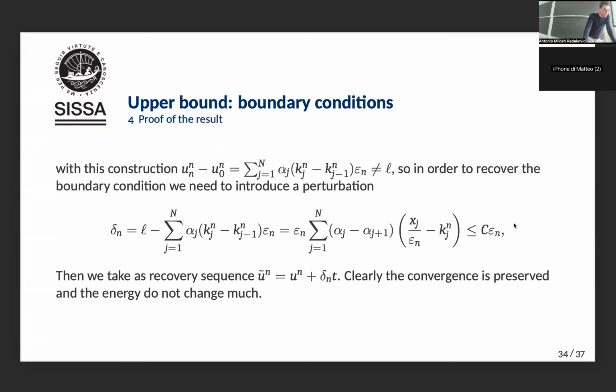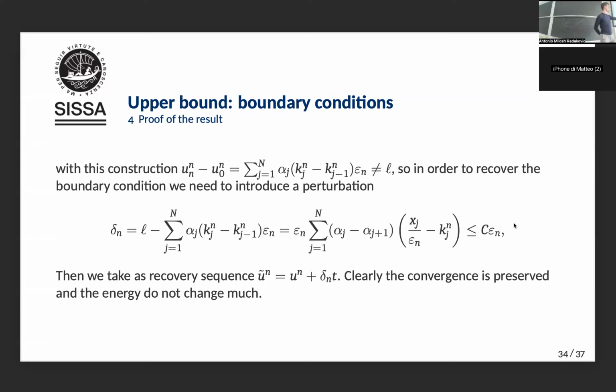So we are basically done. There's only the problem of forcing the boundary condition. If the alpha j are always L, this is not a problem. But in some different cases, we are not satisfying the boundary condition. So we need to introduce another perturbation.